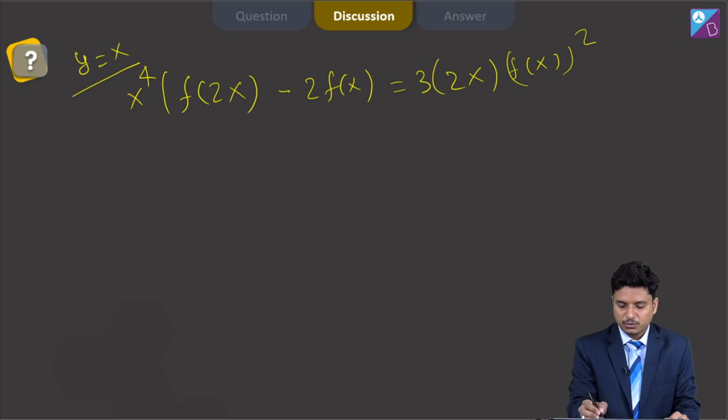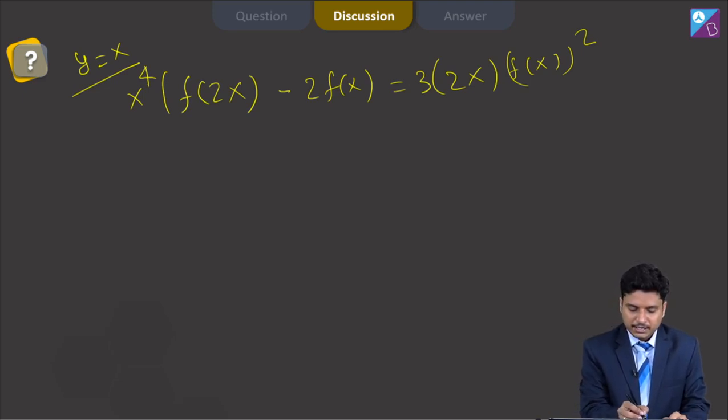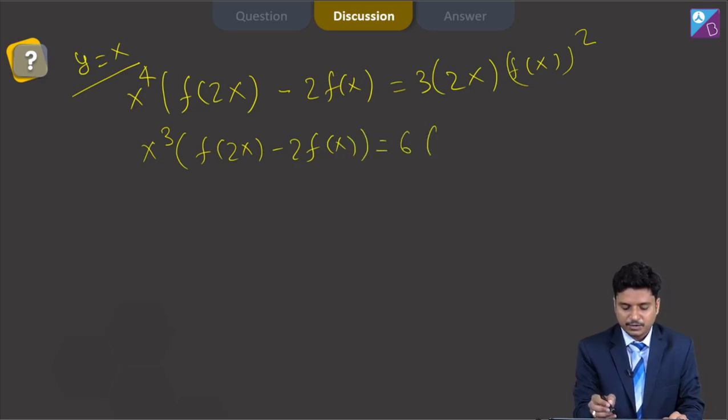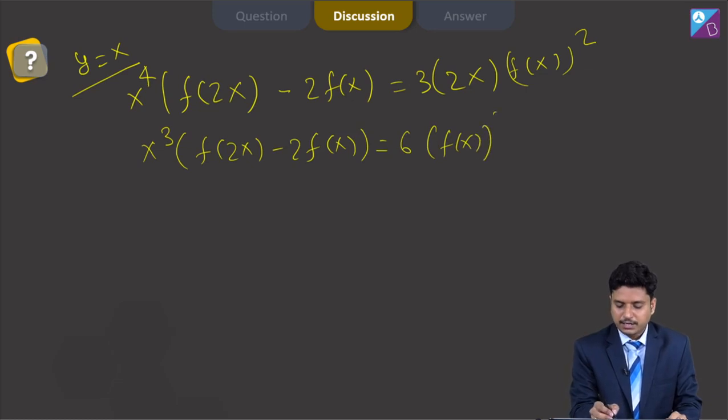So f(x) whole square will also be present. So what we can see, this x^4 and here it is x cube, 6x. So x cube will be here, f of 2x will be there, minus 2 f(x) will be there, is equal to 6 into f of x whole square.